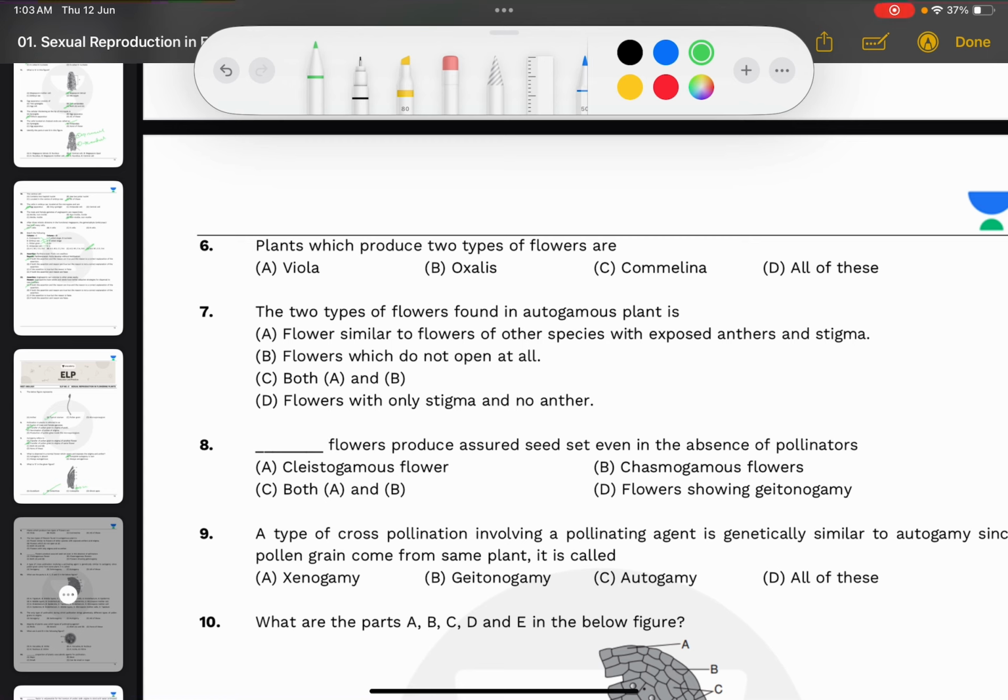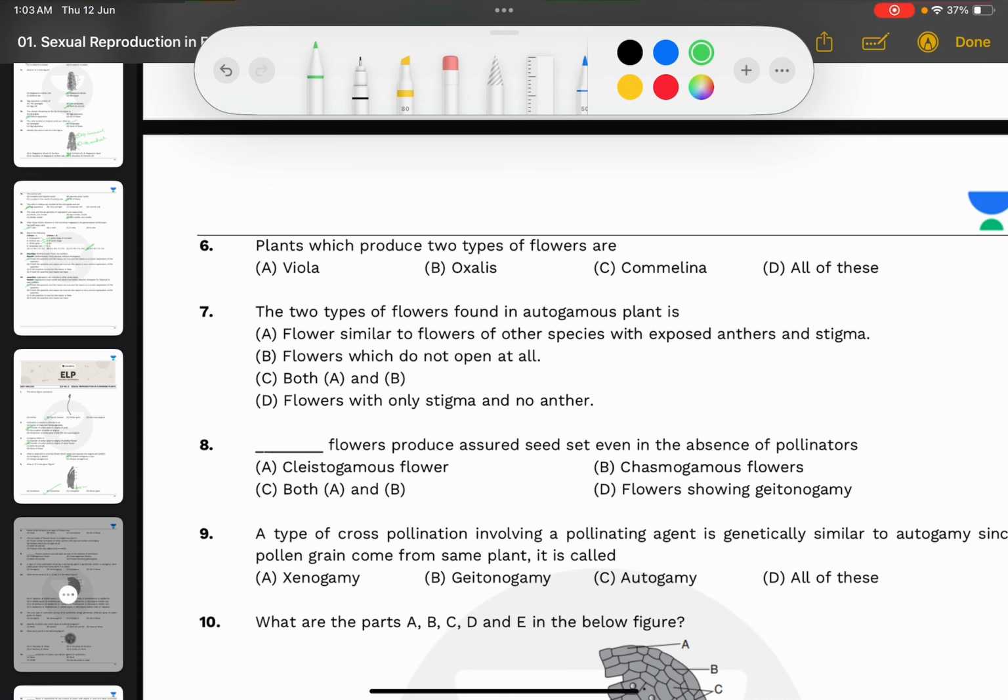Now the question is the two type of flower found in the autogamous plant is flower similar to the... that is very rare. Cleistogamous flower, and this flower name is... no, that's bad.